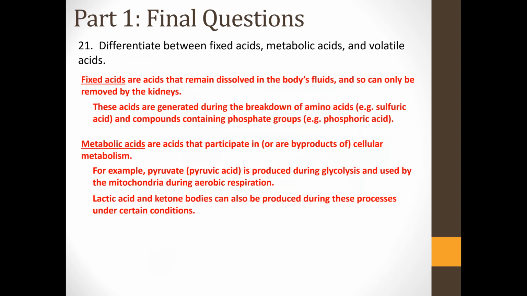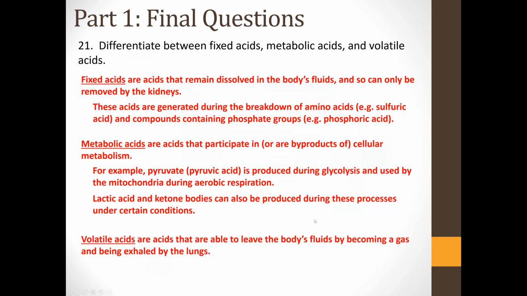Like we talked earlier about how if you have a condition of hypoxia, you can start producing extra lactic acid. And then volatile acids are acids that are able to leave the body's fluids by becoming a gas and being exhaled by the lungs. For example, as we saw previously, carbonic acid can be converted to carbon dioxide, which can be exhaled through the lungs.